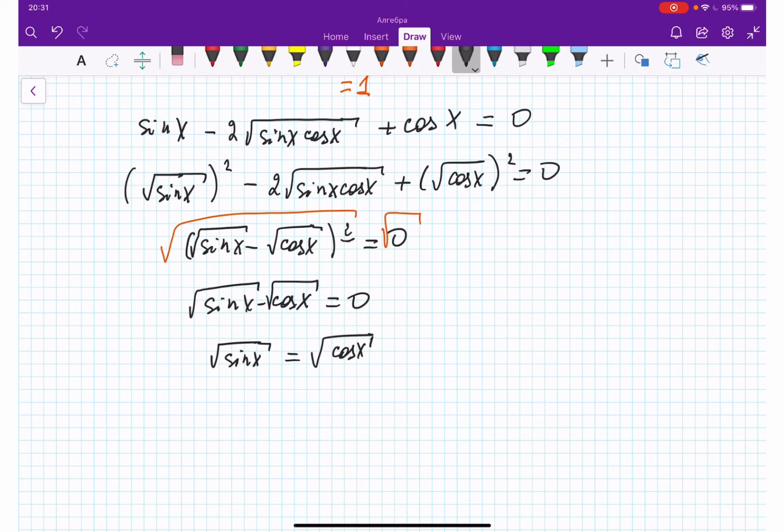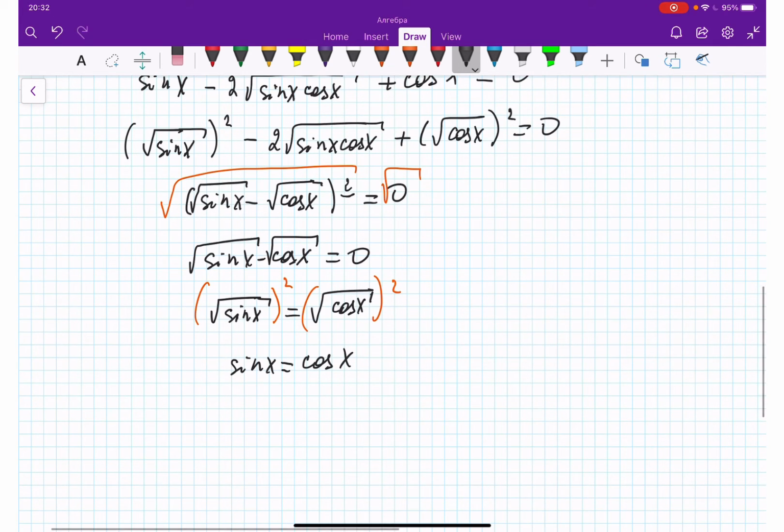Or we can say, if we square again, that sine x is equal to cosine x.